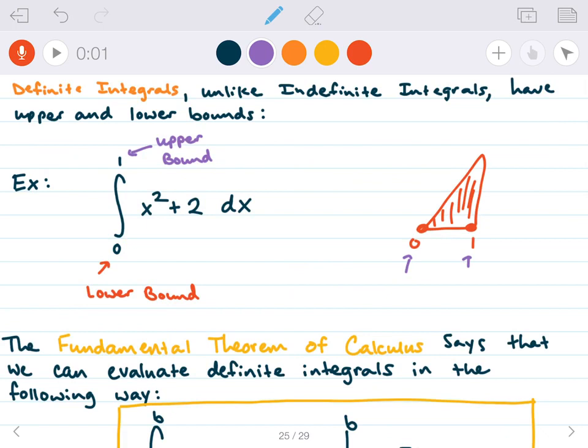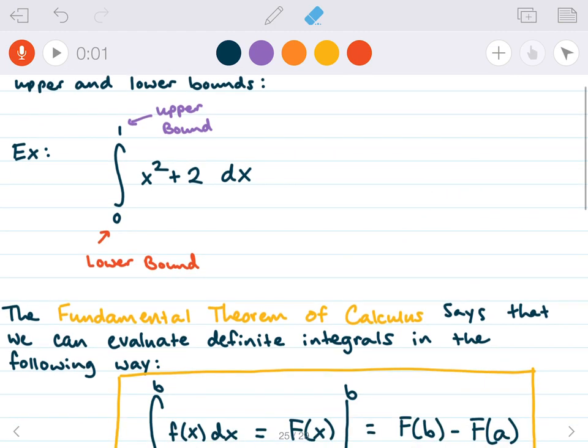So here, we do have an upper and lower bound, and what I'm going to briefly touch on is something called the fundamental theorem of calculus. We're going to go into this more in next week's lecture, but for the purpose of this lecture, I just want to briefly talk about what it is with the purpose of doing these integral computations.